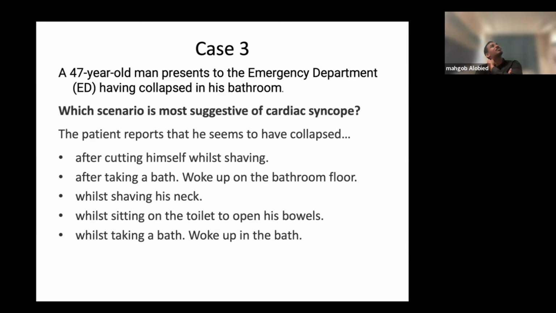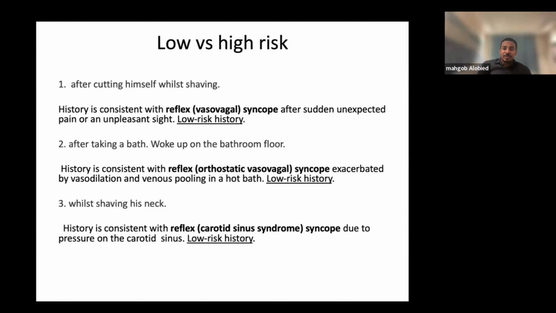Yes, cardiac, because most likely he's sitting, and that happened while he's sitting, which is one of the criteria of cardiac syncope, right? That's what we just said. The first one is pain stimulation, vasovagal syncope.